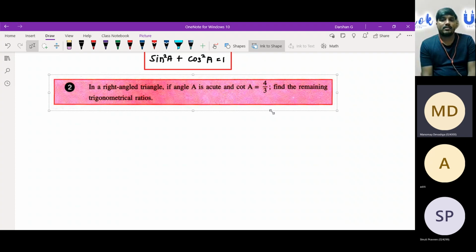So you need to draw the triangle first. Okay, I'll give you 3 minutes. Let me see if you can get this.